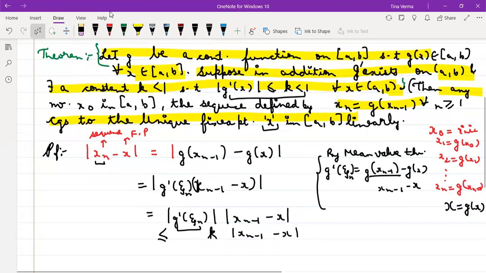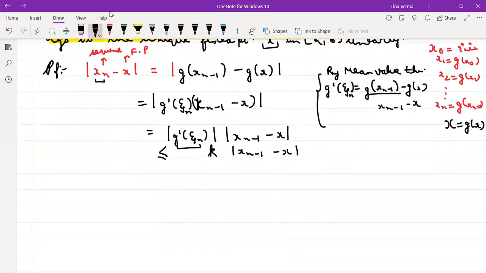Is it clear up to here? I have considered xn as my sequence point, x is my fixed point. Because this is my sequence point, this is equal to g of xn minus 1, and x is my fixed point, so this is gx. And by the mean value theorem, this value will be equal to g dash psi n times xn minus 1 minus x.